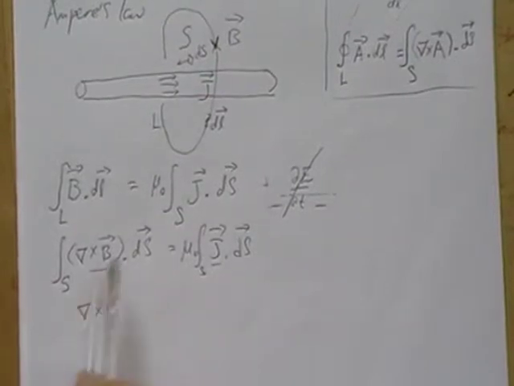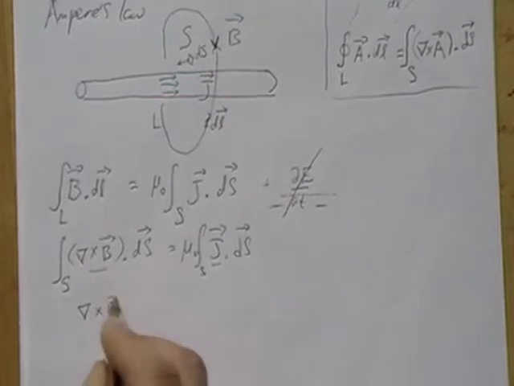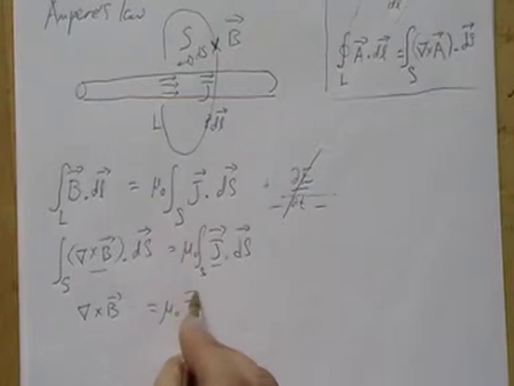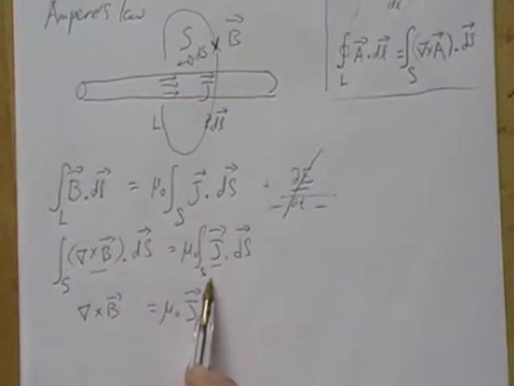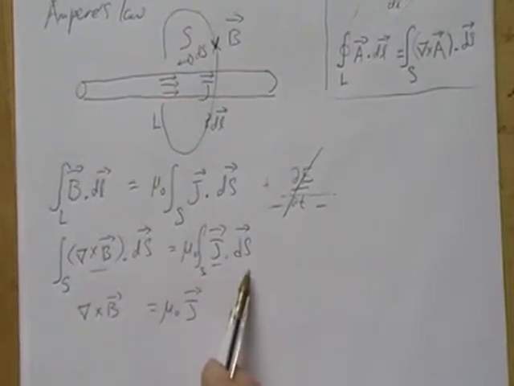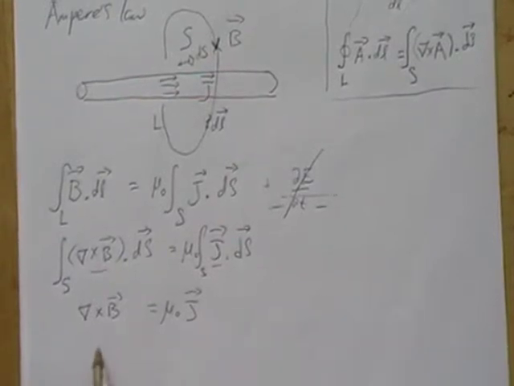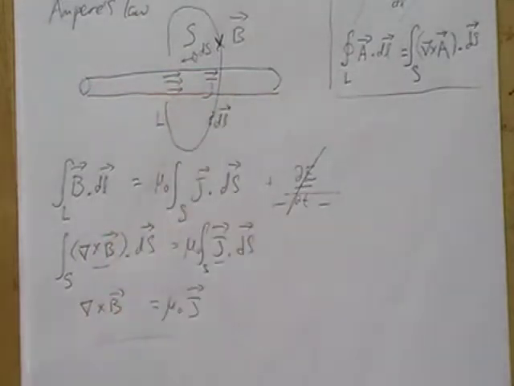Otherwise, if there are positions in space where these are not equal, then I can always choose the surface to be in those positions, and then the left side would not be equal to the right side anymore.